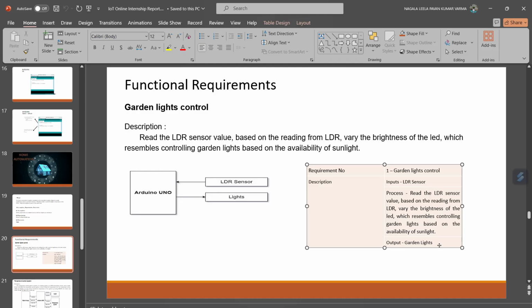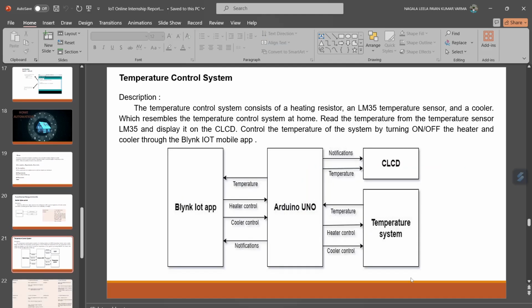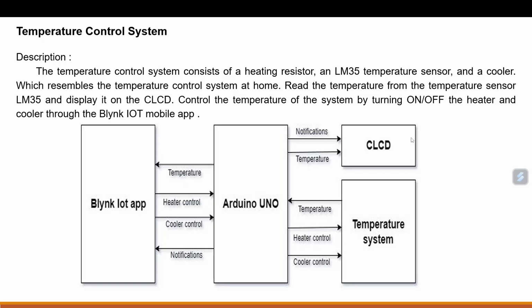Next one is the temperature control system. The temperature control system consists of a heating resistor, an LM35 temperature sensor, and a cooler. It resembles the temperature control system at our home.